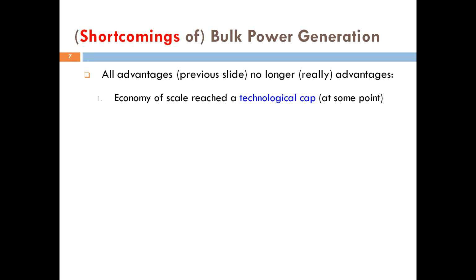For example, the economy of scale that was achieved by building larger and larger generation stations reached a technological cap, which means that there wasn't much of an advantage in making the generation systems larger.